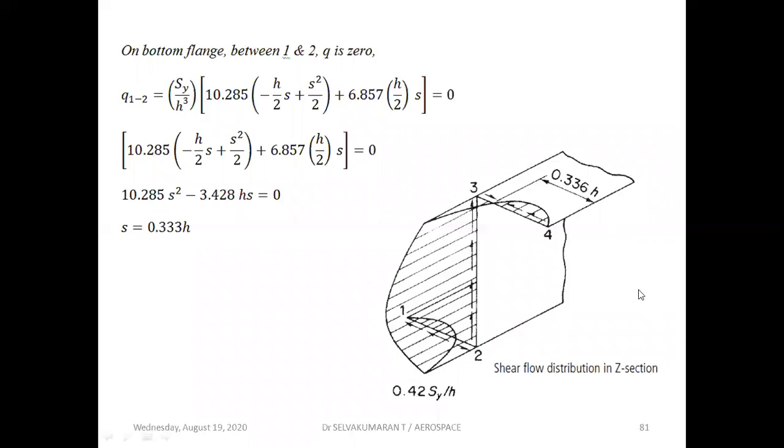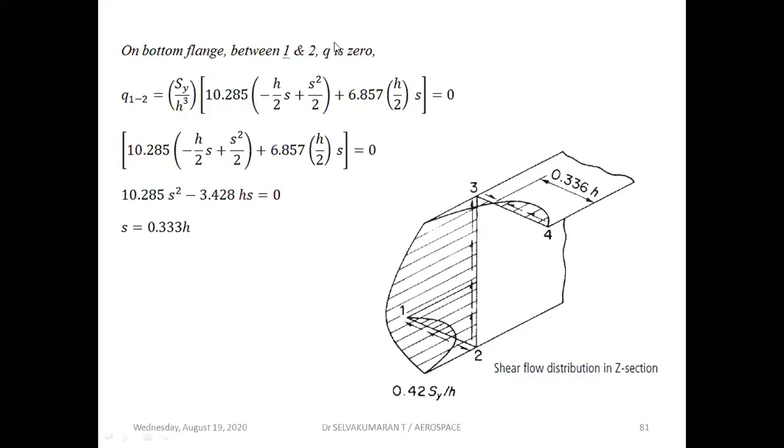This is how you have to check your answer. I'll tell you later, while solving problems, how to do it, because here we only have alphabets like T, H, S and SY. If you get numerical values, it is very easy to check our answers. Even here also you can check.